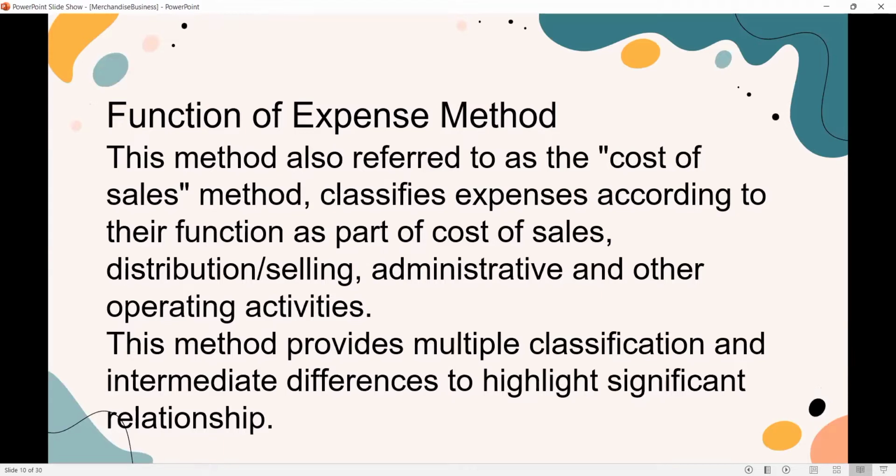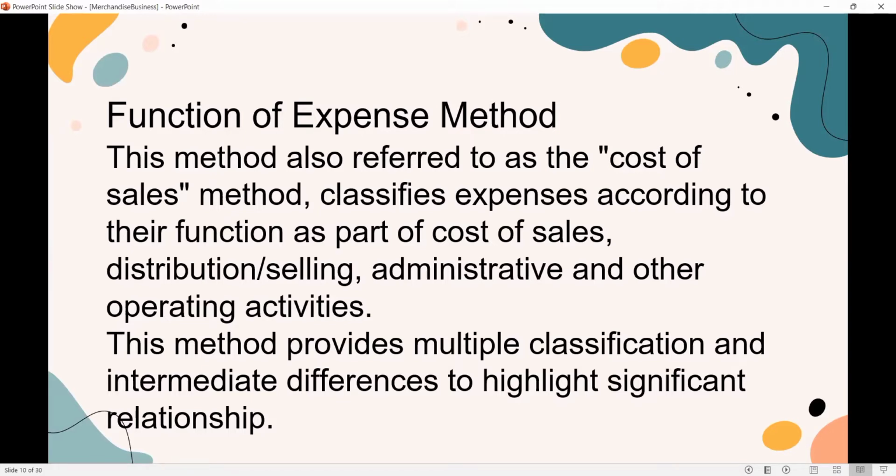So let's go to the first, yung nature of expense method. When we say nature of expense method, expenses are aggregated or combined in the income statement according to their nature and are not reallocated among various functions within the entity.